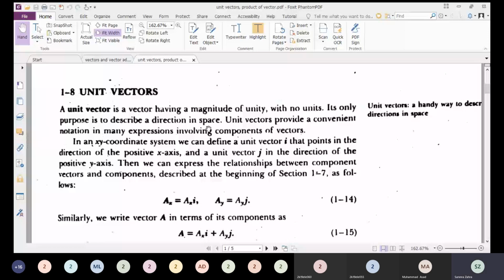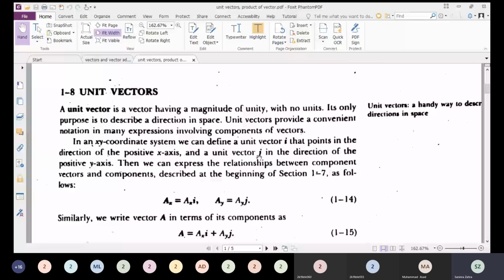They provide us a convenient notation in many expressions involving components of vectors. It will further divide our components. In the xy coordinate system, we can define a unit vector i that points in the direction of the positive x-axis. A unit vector j means we are talking about the y-axis.